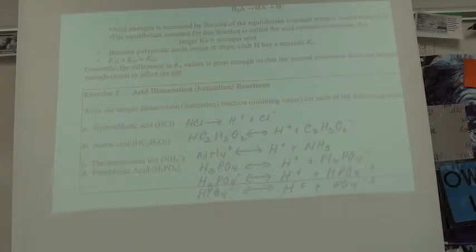I would like you to think about, in these steps, how Le Chatelier's principle is involved. When this first step happens, this occurs. When this second step happens, there is a complication due to Le Chatelier's principle. What is that complication? There's an increase in products.